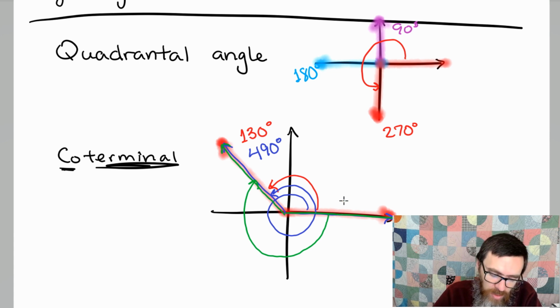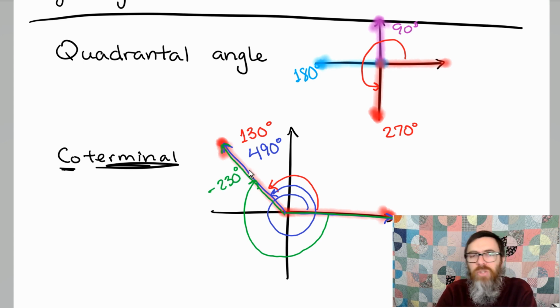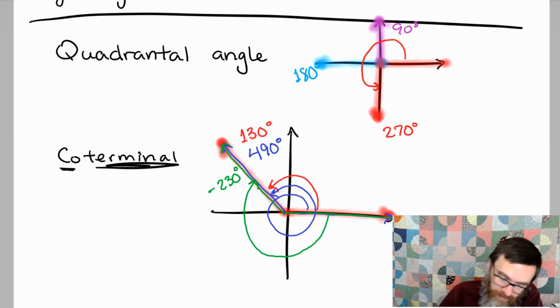So it's 130 going counterclockwise, then the difference between that and 360 is the amount that we have over here, which would be negative 230 degrees. So all of these are going to be coterminal. And you can see that if you take negative 230 plus 360 degrees, you get 130 degrees.